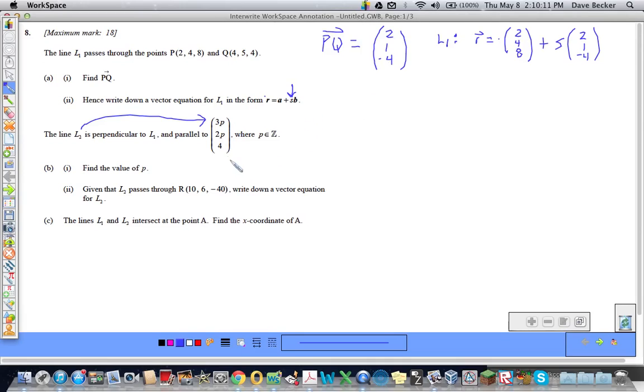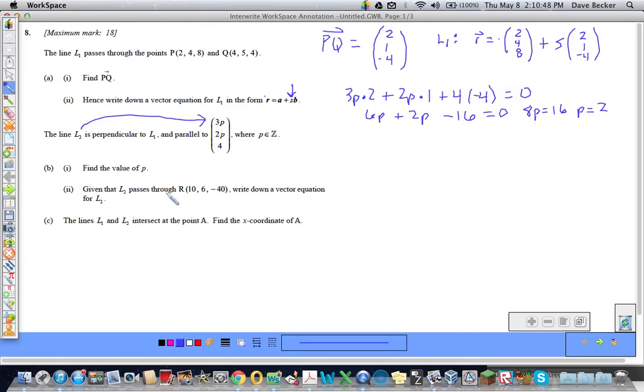So we would say 3p times 2 plus 2p times 1 plus 4 times negative 4, and we would set that equal to 0. So 6p plus 2p minus 16. There were way too many of you who said 4 times negative 4 is negative 8. Very unhappy. So 8p equals 16, which means p equals 2. Yes, easy points there.